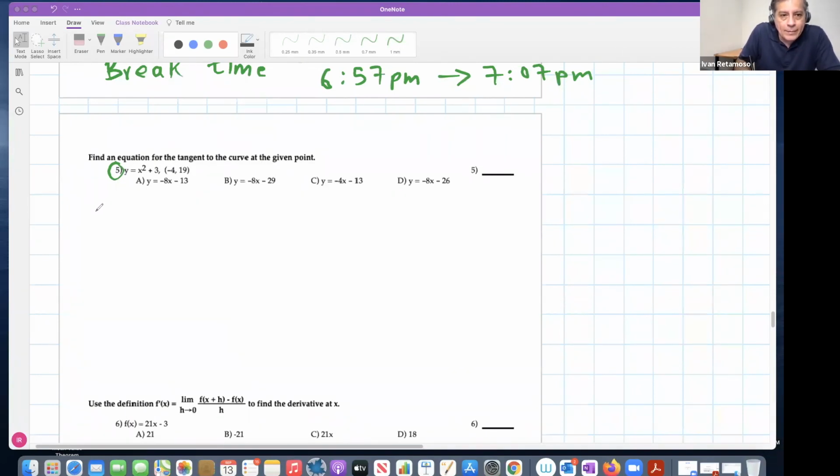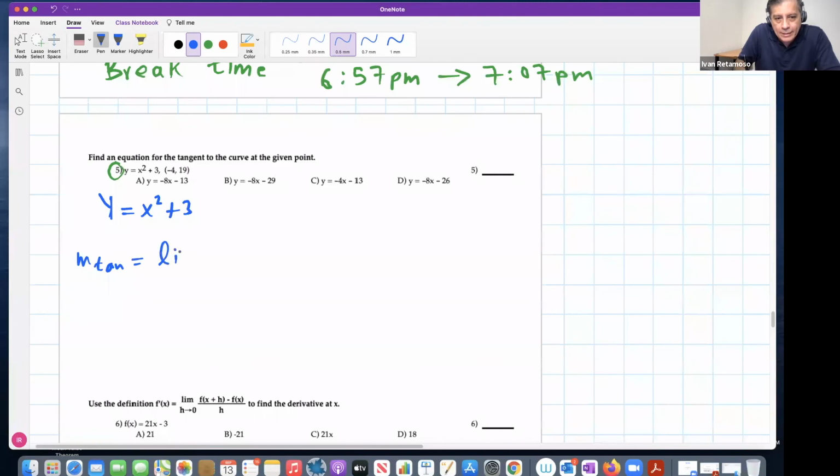If the equation is y equals x squared plus 3, you're supposed to find the slope of the tangent line using limits.